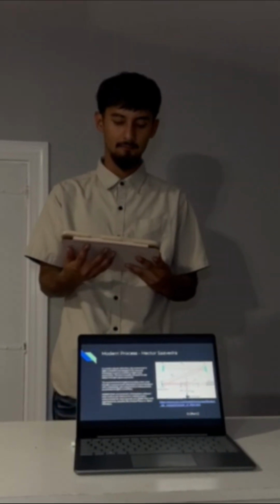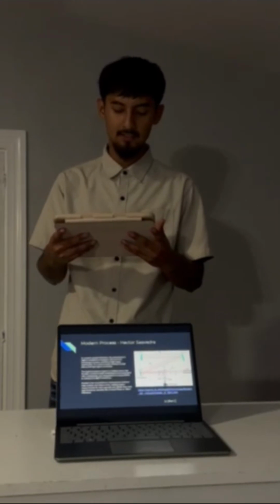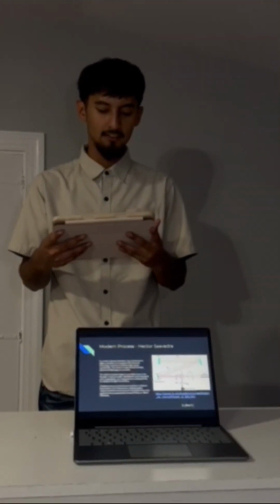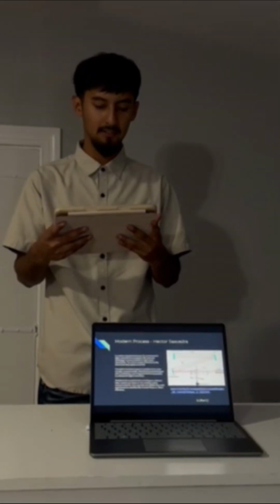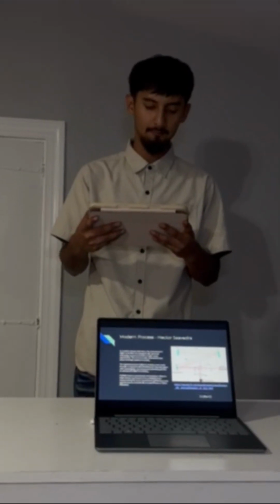Modern process. In a modern physics laboratory, the environment is highly controlled and equipped with advanced technology to ensure precision in light speed experiments. The room is usually darkened to help detect faint light signals accurately.